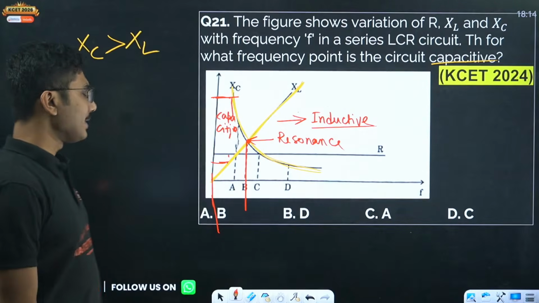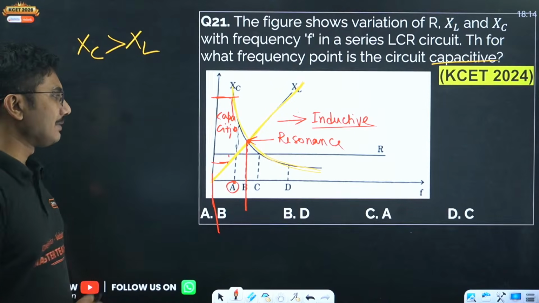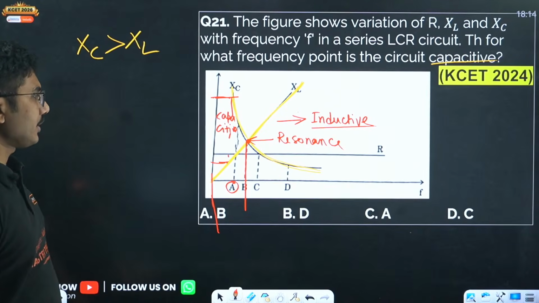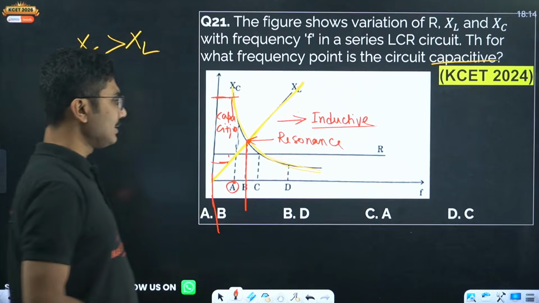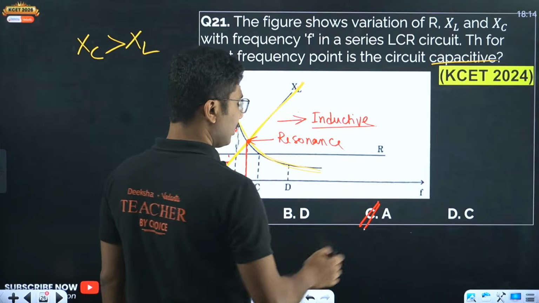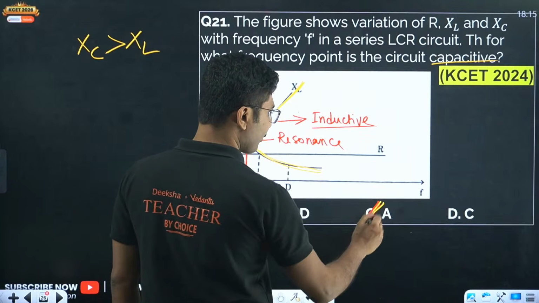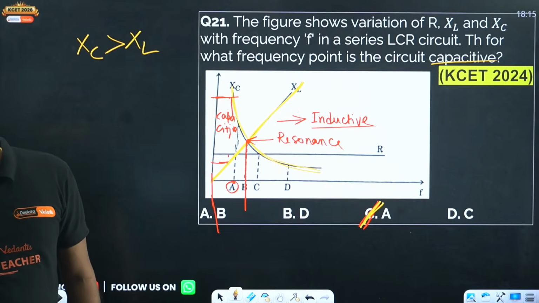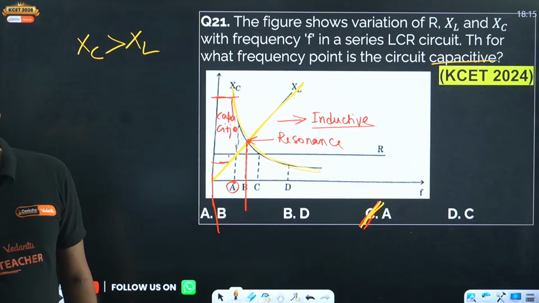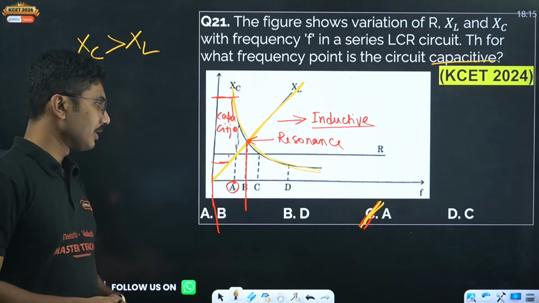So the circuit is capacitive for the point A. So the correct answer is option C. Why option C? Because option C gives you A, not option A. So option C is correct.